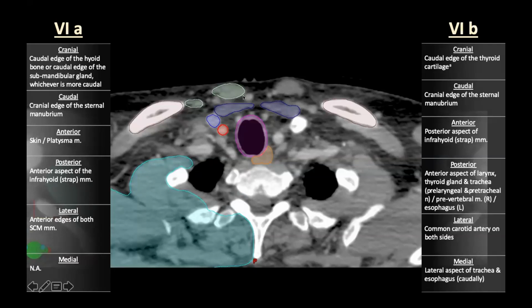So anterior to the strap muscle, between the two sternocleidomastoids, and posterior to the platysma is your level 6A. Posterior to the strap muscle, medial to the carotid, and lateral to the viscera, in this case the trachea, is your level 6B.